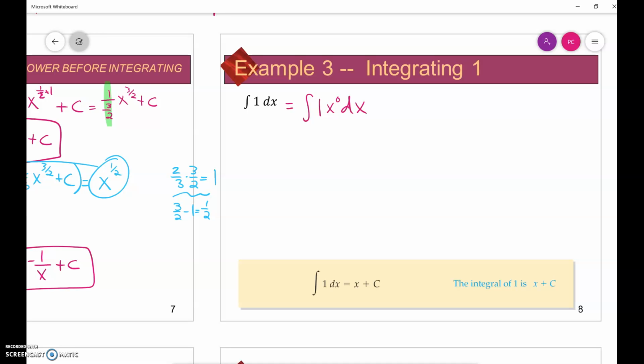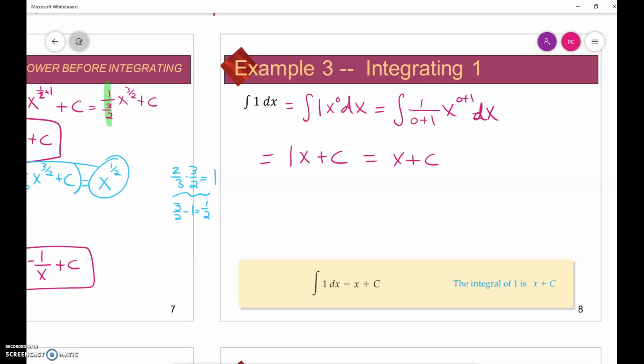And if we follow the power rules, just like we had, I have the integral of 1 over 0 plus 1 times x to the 0 plus 1 dx, which ends up giving us 1 x to the first power plus c, or just x plus c.